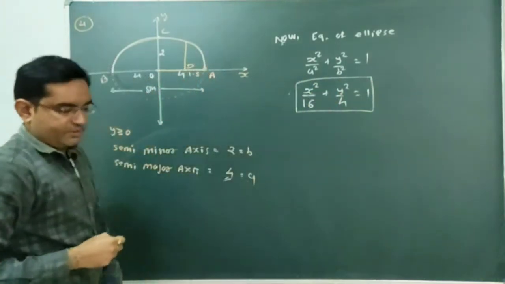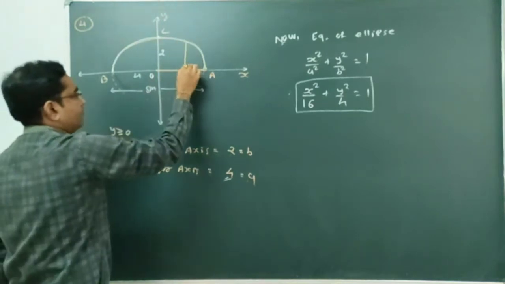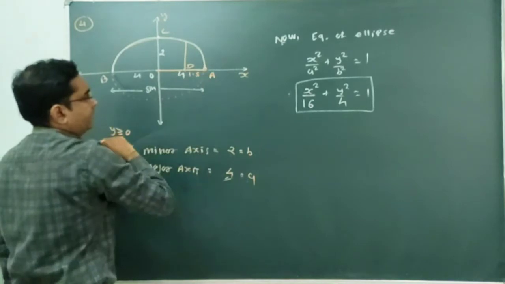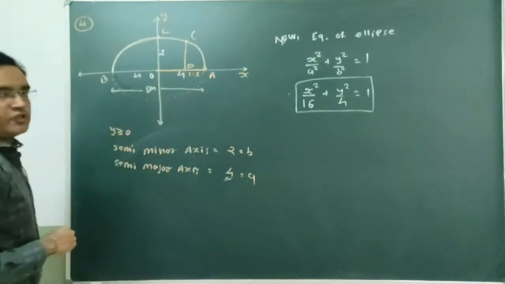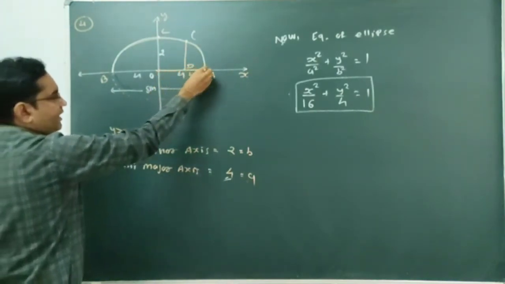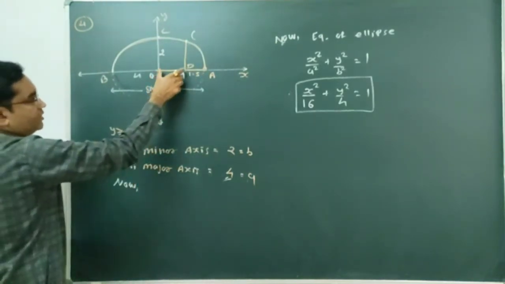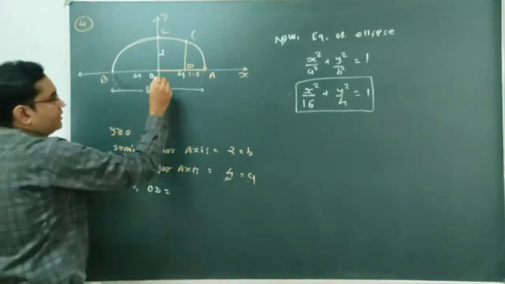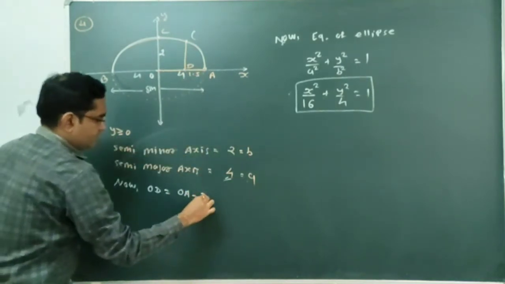Now next step, what do you have to find? We have to find the height of this ellipse at the point D, which is at the distance of 1.5 meter from the one end. Let's say the coordinates of this point are x comma y. X will be the distance from the origin. The point D is at a distance of 1.5 meter from the end. So what will be the distance of this point from the origin? That is OD, which will be OA minus the distance DA.